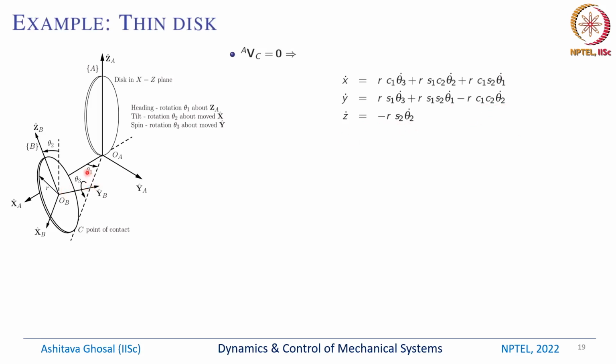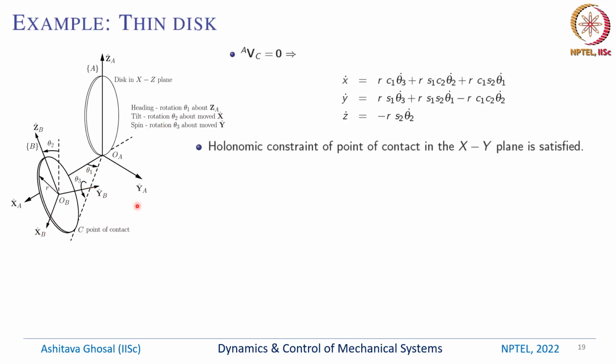Again, theta 1 is the heading angle, the rotation about the z axis of this disk. Theta 2 is the tilt, which is the rotation about the moved x axis, and spin or theta 3 is the rotation about the y axis.